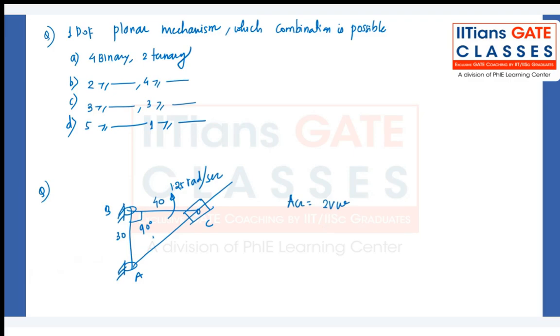Before that, I have given you this question about how many links we can have. Which of the combinations? The degree of freedom formula, if you remember, is 3 times (n minus 1) minus 2 times p1. And how many degrees of freedom are they saying? 1 degree of freedom, right?